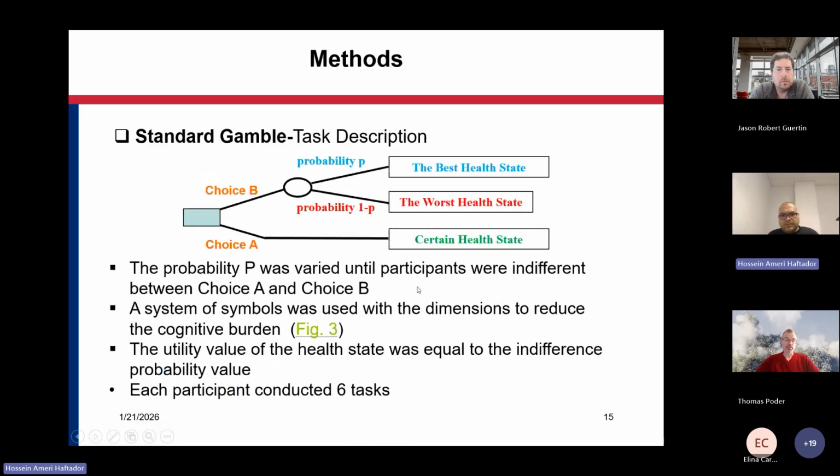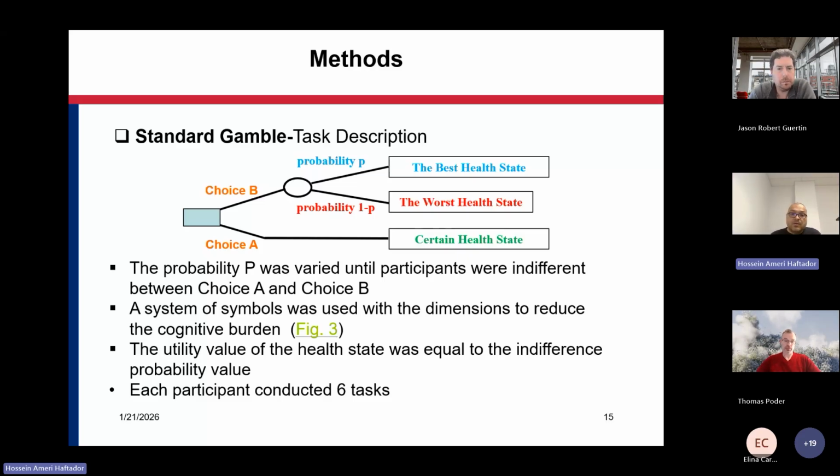In a standard gamble, a person is presented with 2 choices, choice A and choice B. Choice A is living in a 100% certain health state, and choice B is living in an uncertain health state with 2 possible outcomes: best health state with probability p, and worst health state with probability 1 minus p.